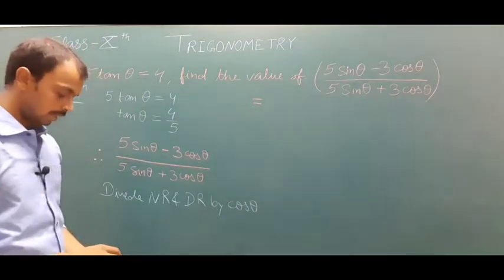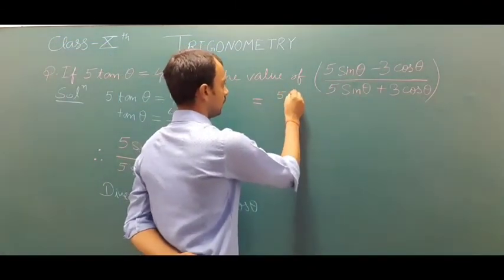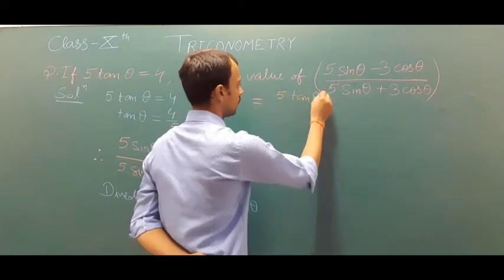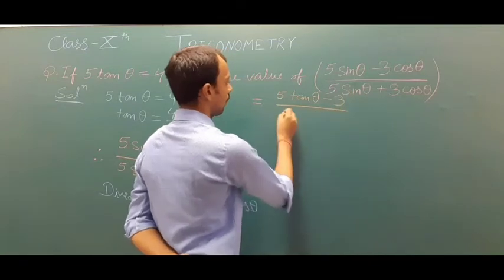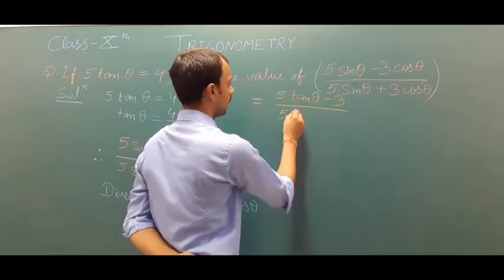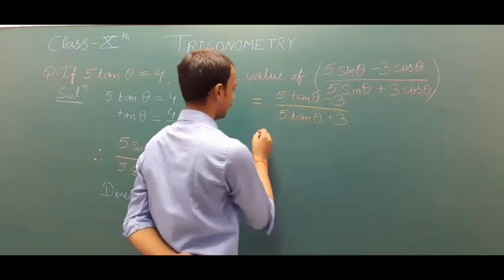What we will get? We will get 5 tan theta minus 3 upon 5 again tan theta plus 3.